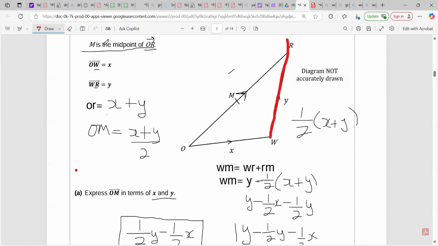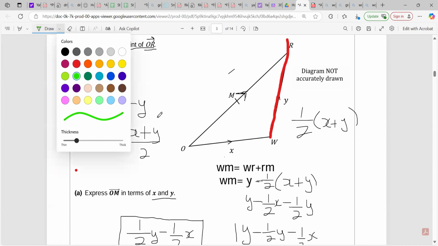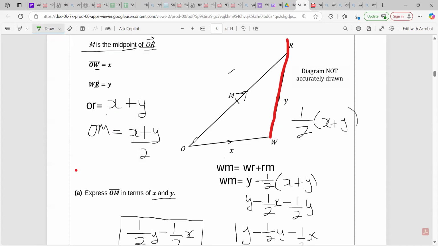Now this line measures x plus y. The entire line is x plus y, because we worked it out earlier. But guess what? Here is halfway. We're not going to go all of x plus y.